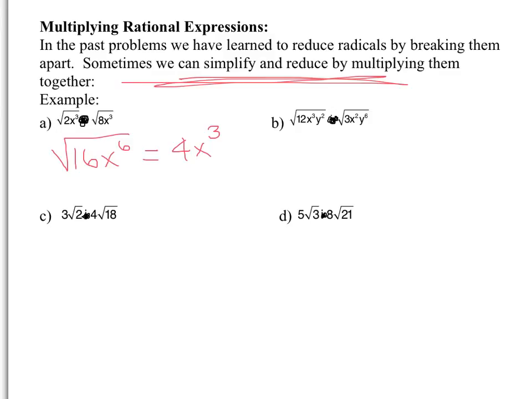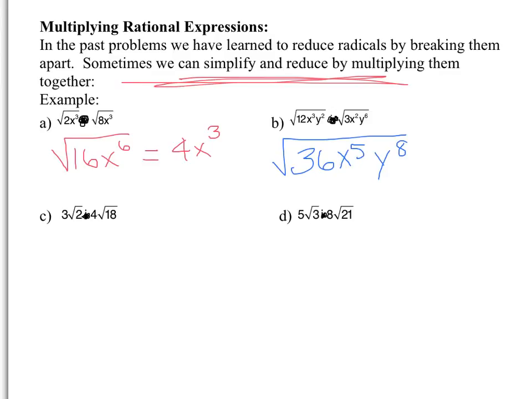All right, let's try another example: the square root of 12x cubed y squared times the square root of 3x squared y to the 6th. I always make sure none of them are perfect squares, and I see if I multiply them whether I get a perfect square. In this case, I will. I get the square root of 36 x to the 5th y to the 8th.